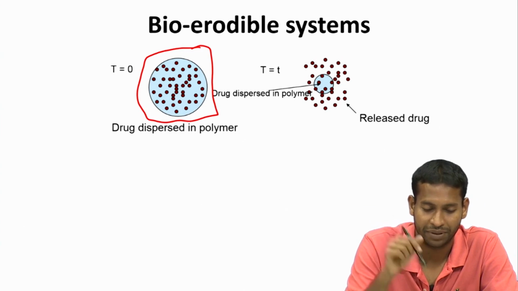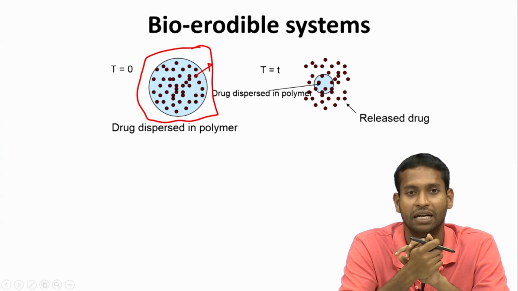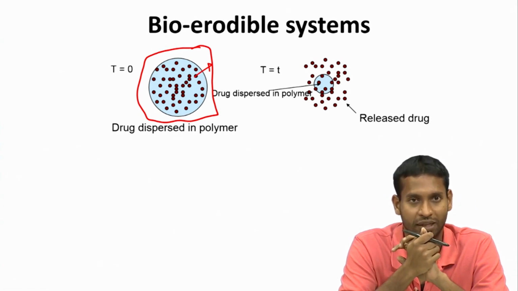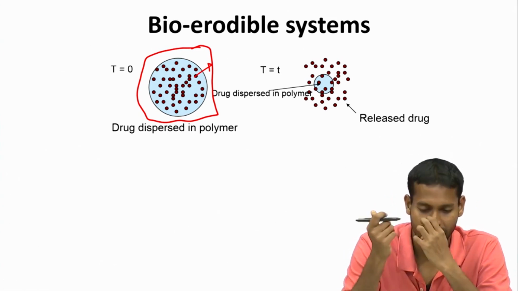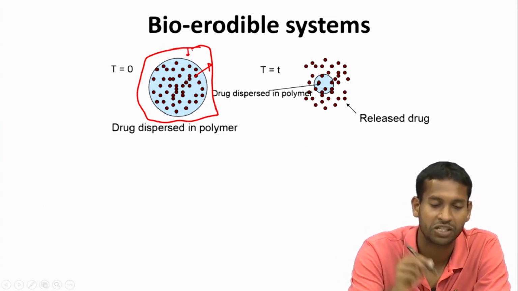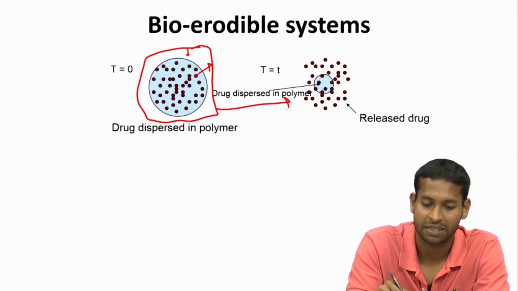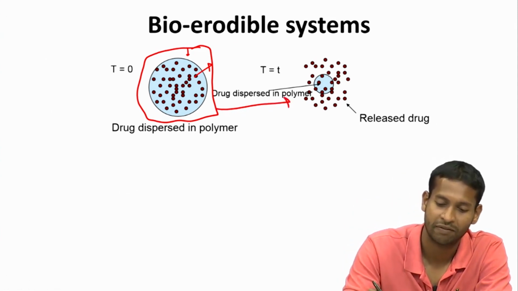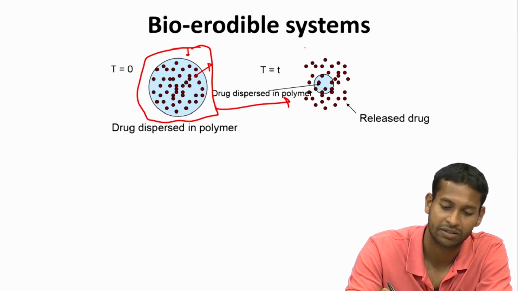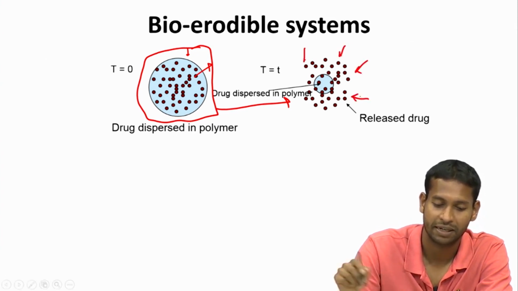However, this drug cannot diffuse out, the polymeric chains are very tight, and the pore size is much lower than the size of the drug, and so the release will essentially depend on the degradation of the polymeric region. As time passes, more and more polymer degrades. When it degrades, it just releases whatever drug was encapsulated in that degraded area.